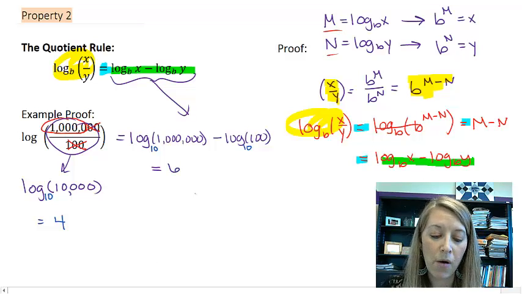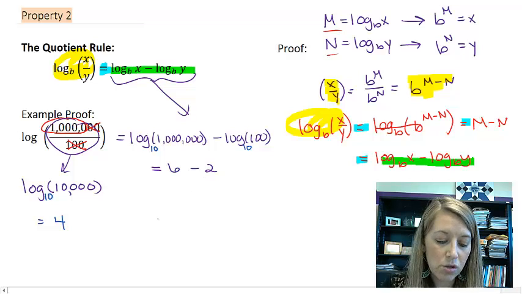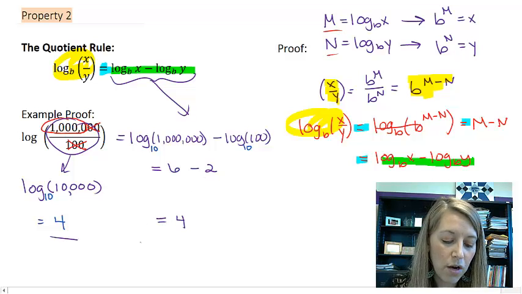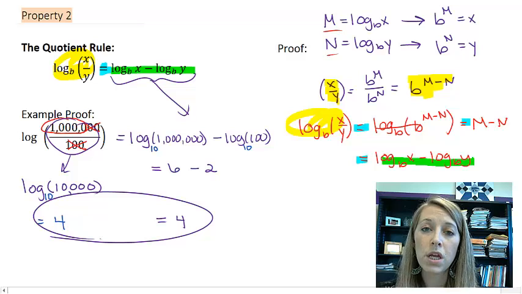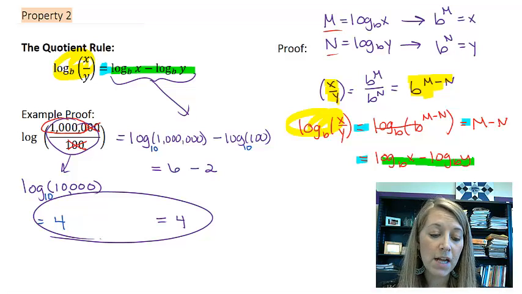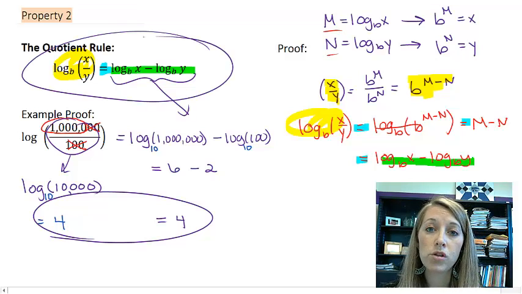That gives me 10 to the 6th power. Minus 10 to what power gives me 100? That gives me 10 squared. And, of course, that gives me 6 minus 2. 6 minus 2 is equivalent to 4. So we just have confirmed that working this example, both directions gives me the same answer. So that just confirms that my quotient rule holds true.